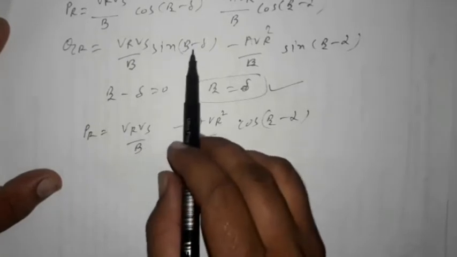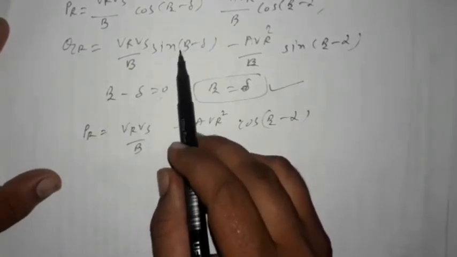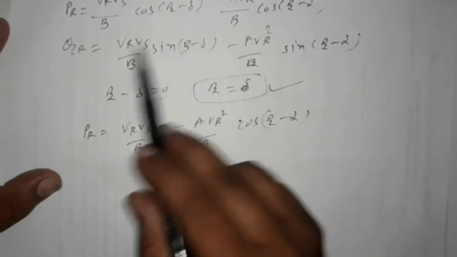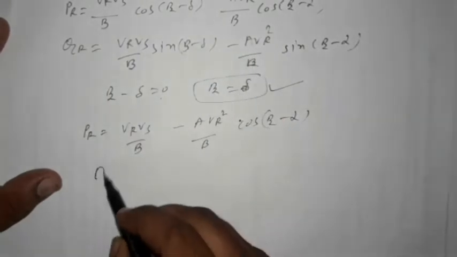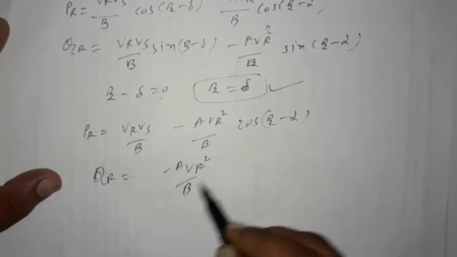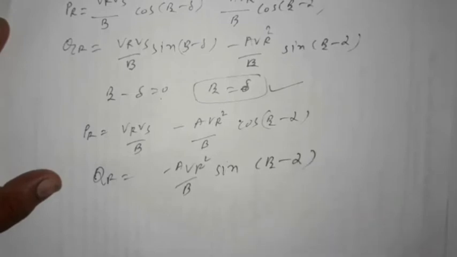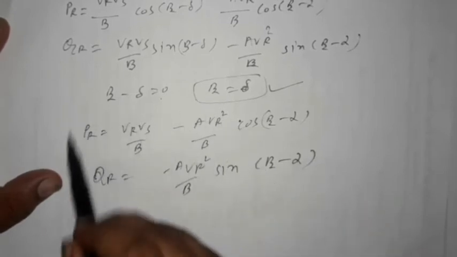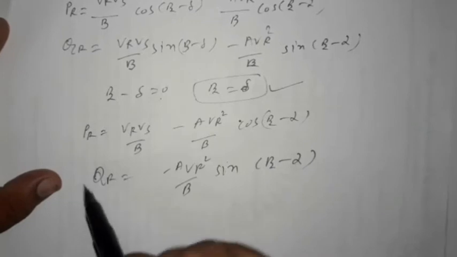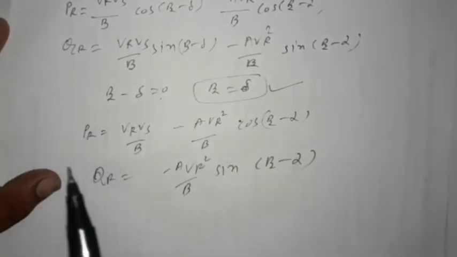Now we put here beta minus delta equal to 0, so sin 0 becomes 0. So QR is equal to minus A VR square by B sin beta minus alpha. So these two equations give the active power and reactive power for maximum power at the receiving end.